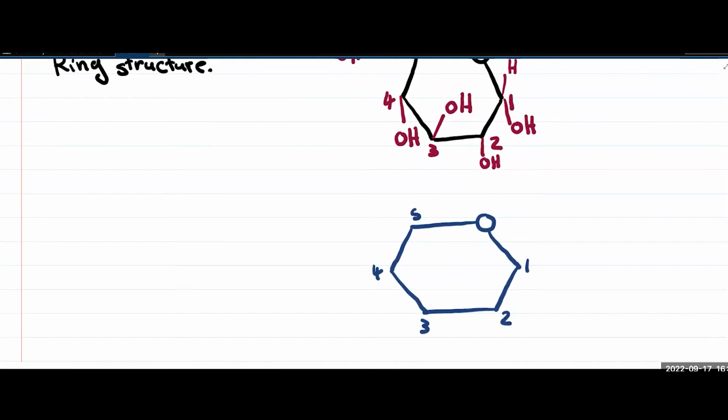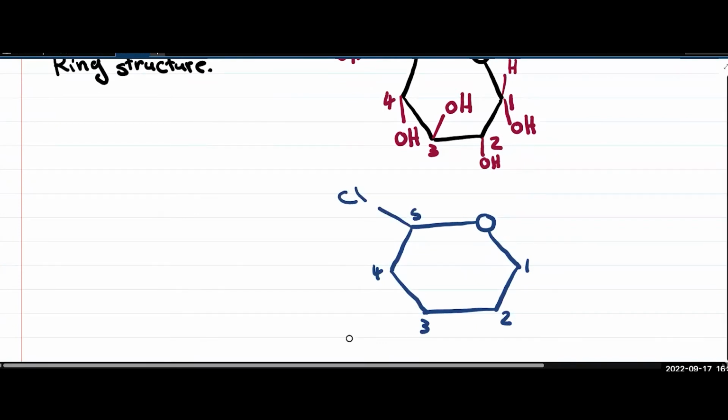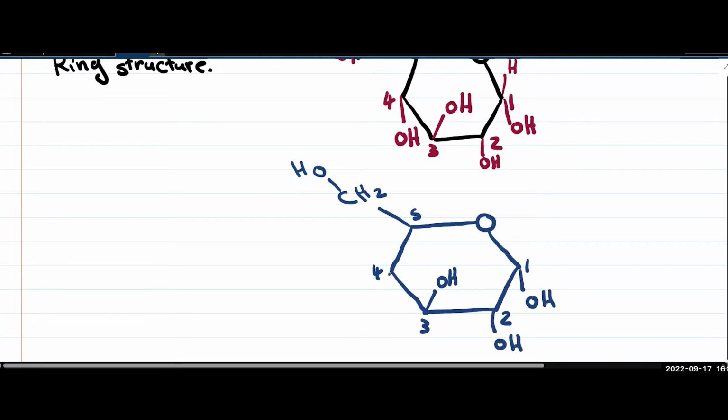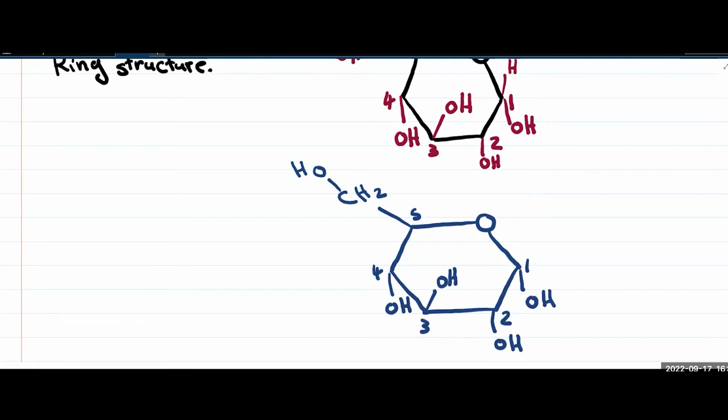At number 5, I will put here CH2OH. What about carbon number 3? It's only on a different side than the others. Carbon number 1 down, carbon number 2 down, carbon number 4 down. Okay, this is the structure of glucose.